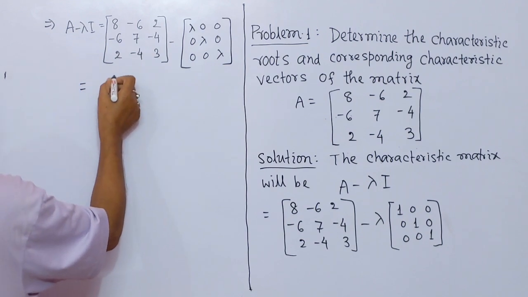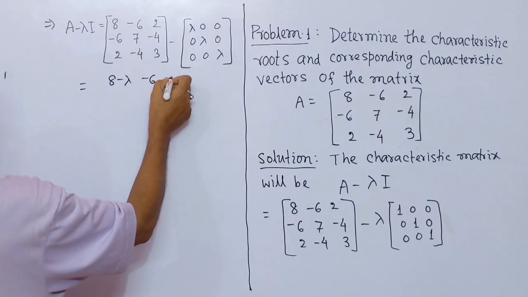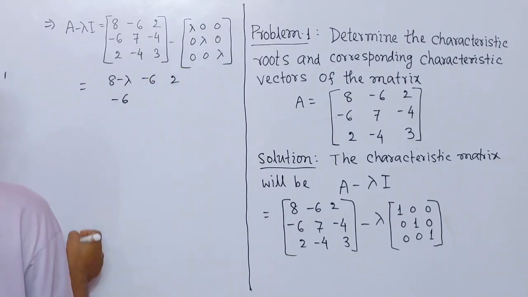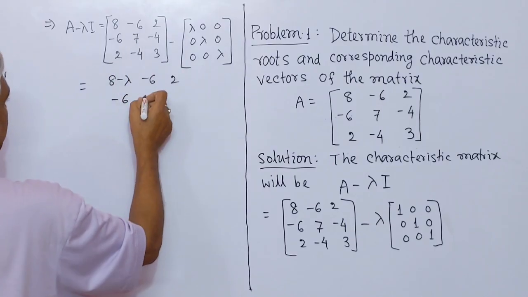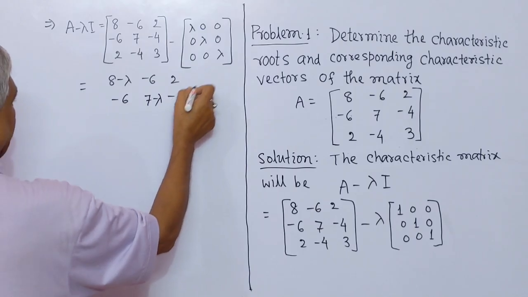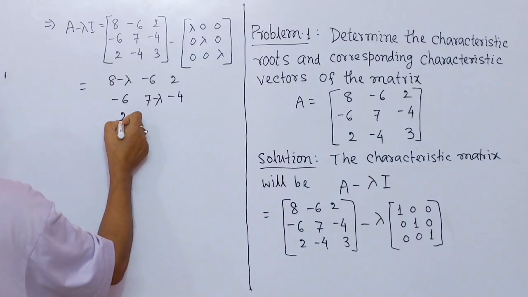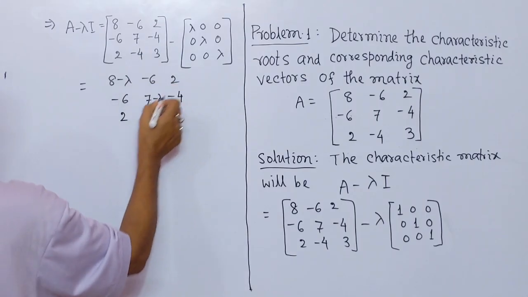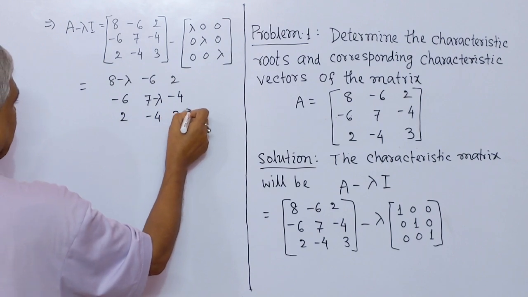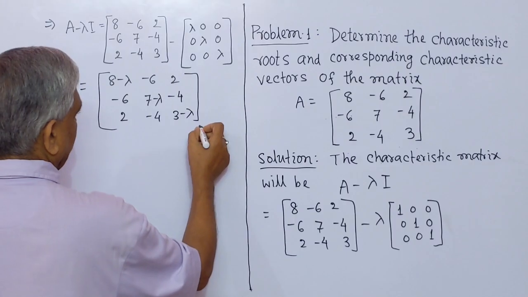This will be equal to [8 minus lambda, -6 minus 0, 2 minus 0; -6 minus 0, 7 minus lambda, -4 minus 0; 2 minus 0, -4 minus 0, 3 minus lambda]. This is number 1.